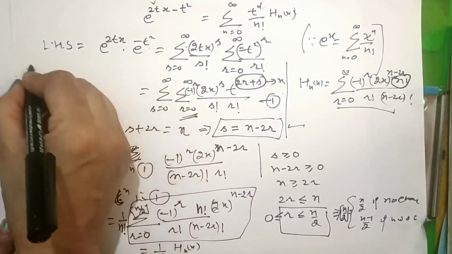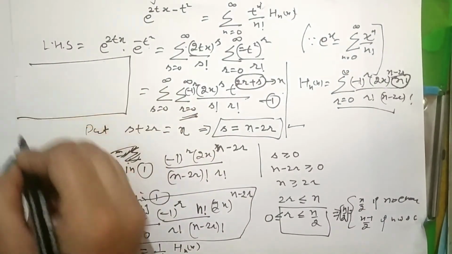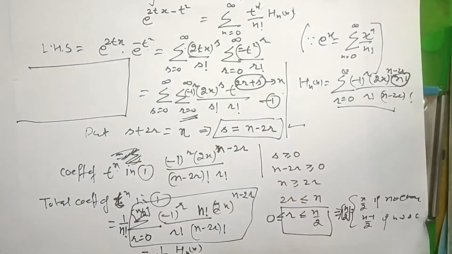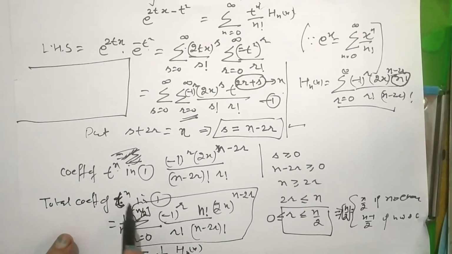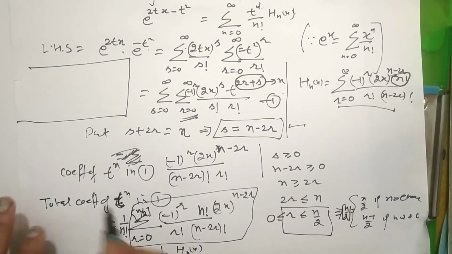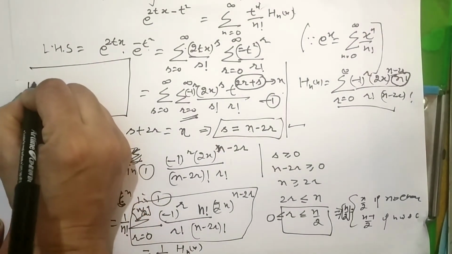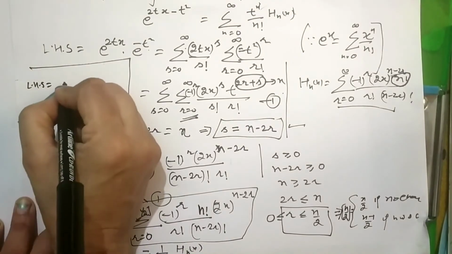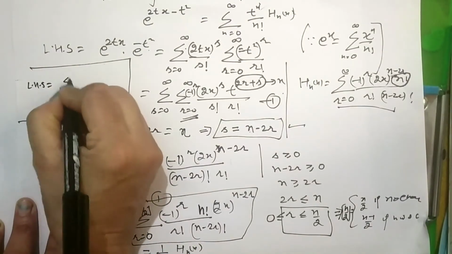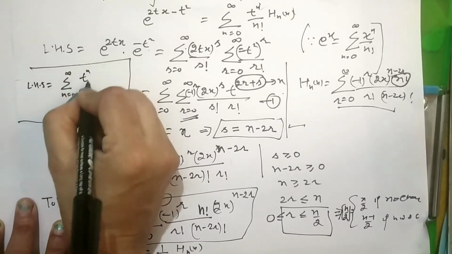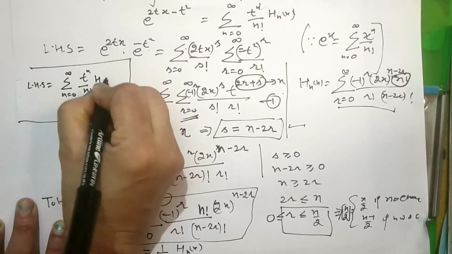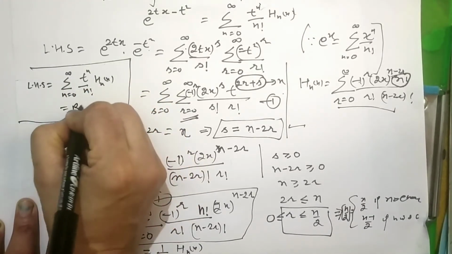Therefore, I'm going to complete it here only. The left hand side we solved, the coefficient of t raised to power n is this. So therefore, the left hand side is equal to summation n varying from 0 to infinity, t raised to power n upon n factorial into h n x, which is equal to the right hand side.